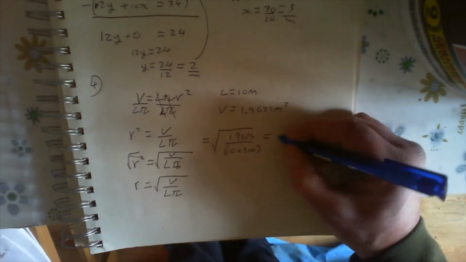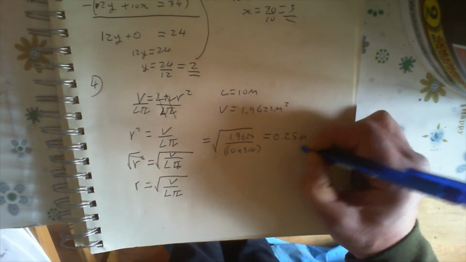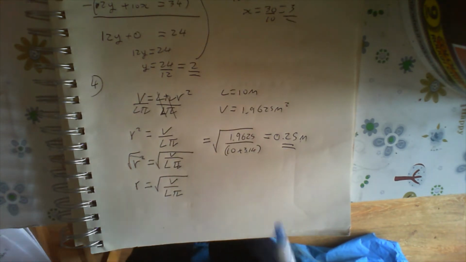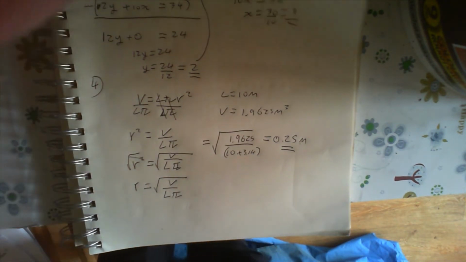That works out at 0.25 meters. Right, and remember when you're using your calculator to get the appropriate amount of brackets and stuff, just to make sure you're going to get the right answer, obviously.